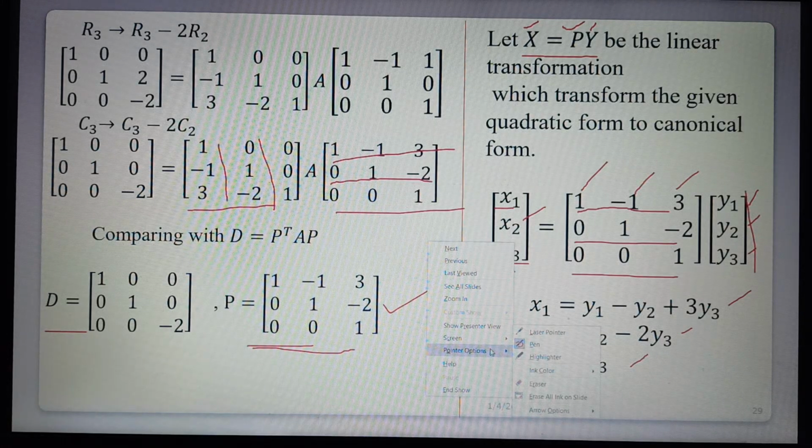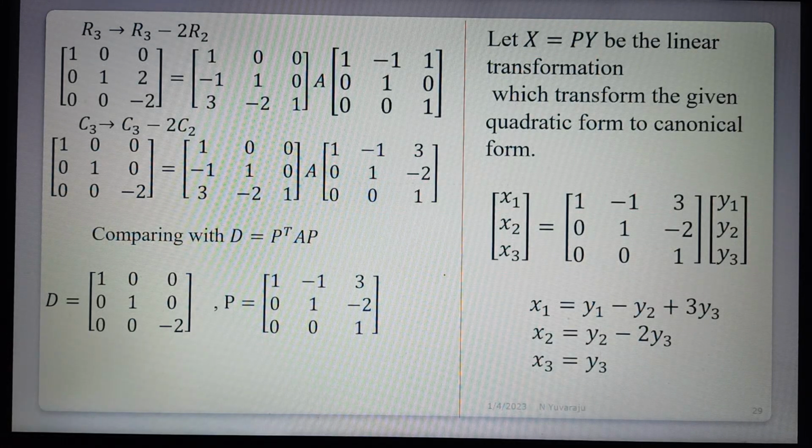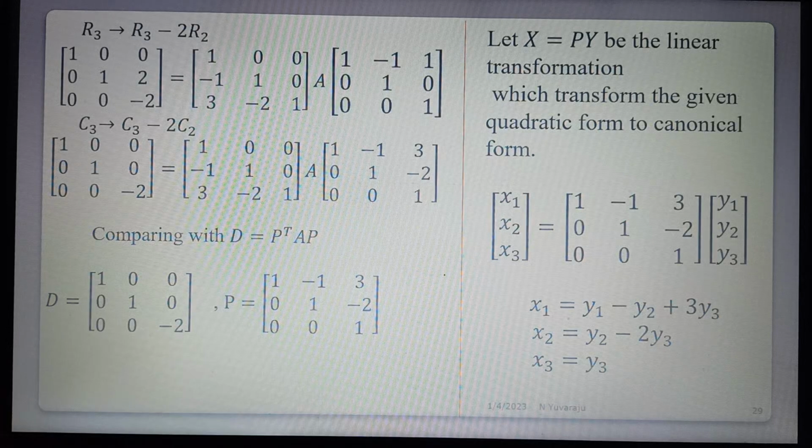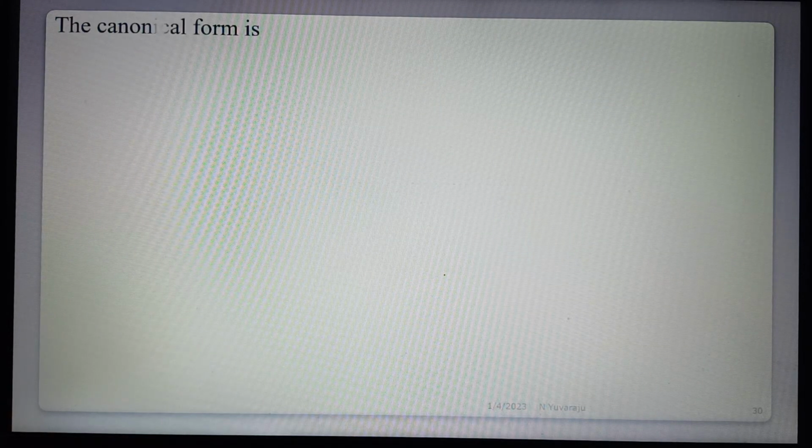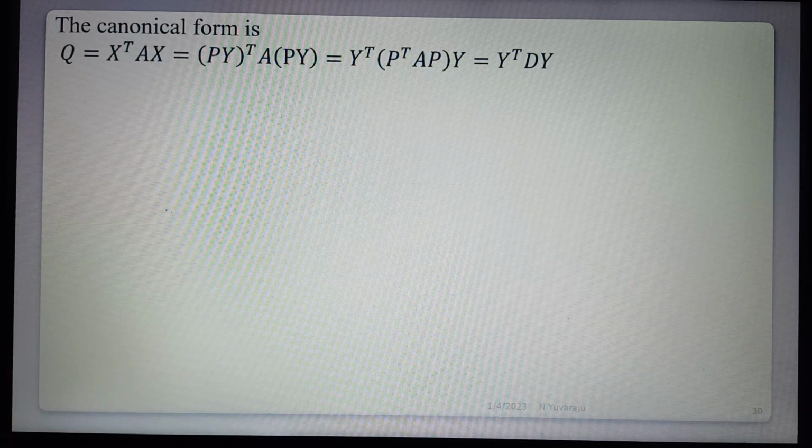Now, next finding the canonical form. The canonical form is x transpose A x, and in place of x we substitute Py, that is Py whole transpose into A Py, which is equal to y transpose P transpose AP into y, that is y transpose into the diagonal matrix D into y.